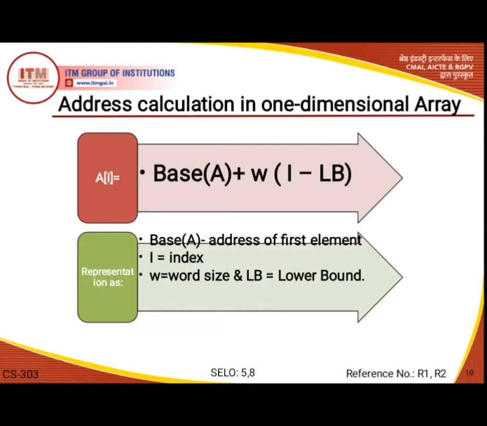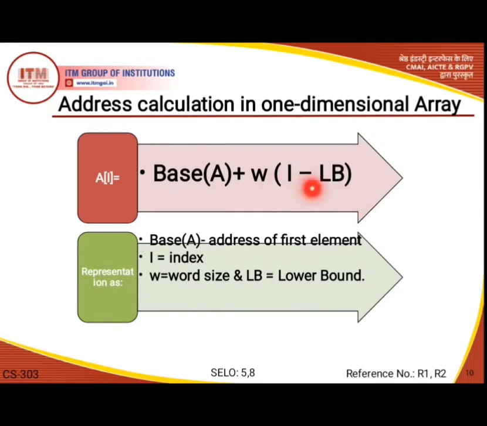The address calculation of a one dimensional array uses the formula A[I] is represented as the array element, base A, where the base A is the address of the first element, plus W in brackets I minus LB.